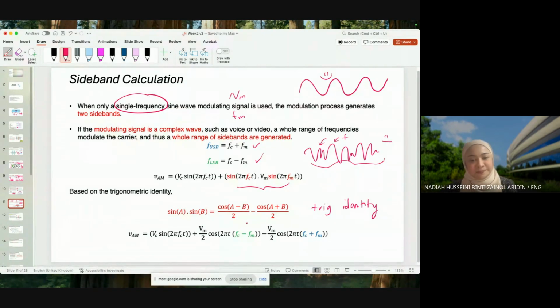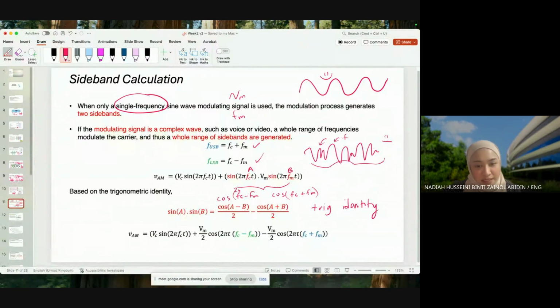Now it's cosine. Your FC is your A, your FM is your B. So cosine of FC minus FM, over 2, and then you have cosine FC plus FM.